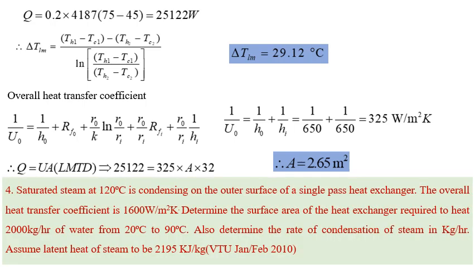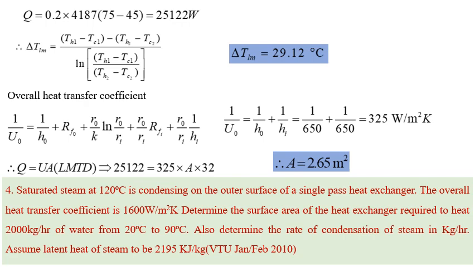This is the next type of problem. It is saturated steam. Please note that saturated steam at 120 degrees centigrade is condensing on the outer surface of a single pass heat exchanger. The overall heat transfer coefficient is 1600 watt per meter square Kelvin.